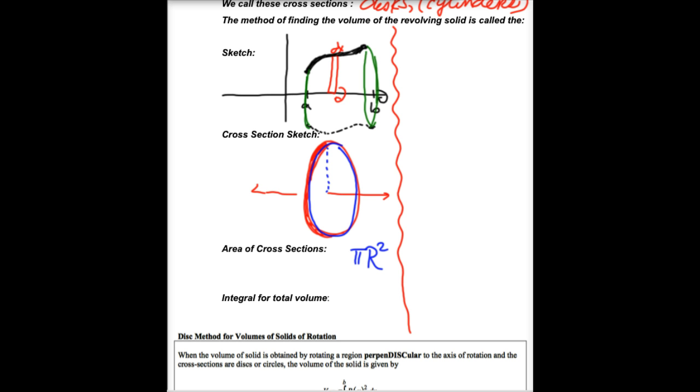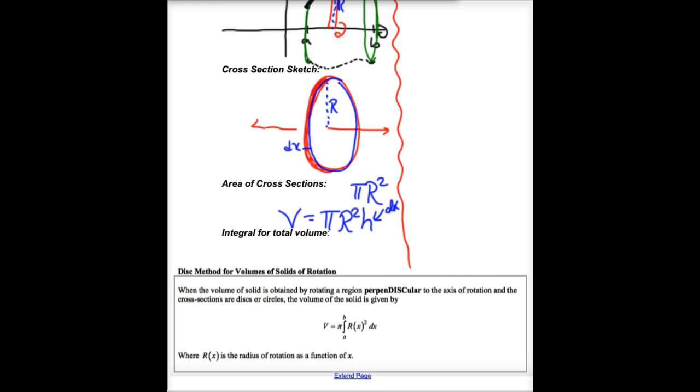Let's draw its radius on there so you can see it. And when I want to find the volume of that slice, all I need to do is give it its depth, which is dx. It's really a cylinder, pi r squared h. So pi r squared h, but h is actually a tiny little differential along the x-axis.